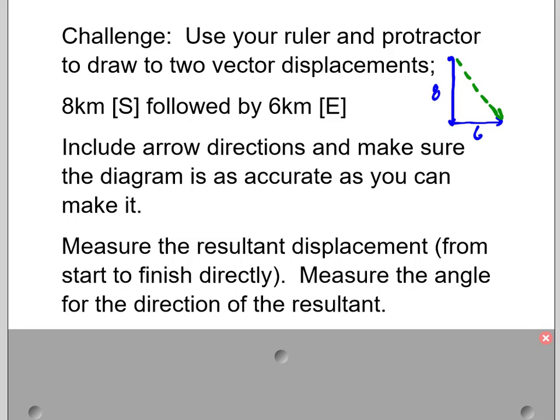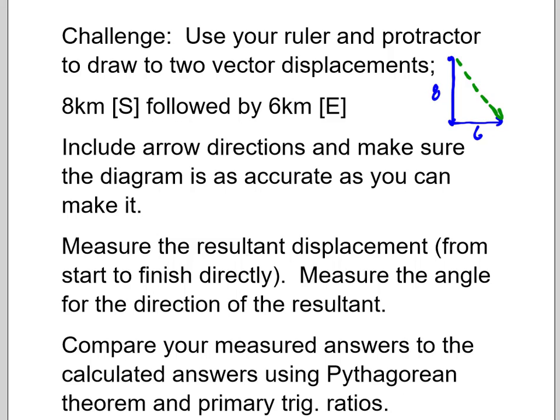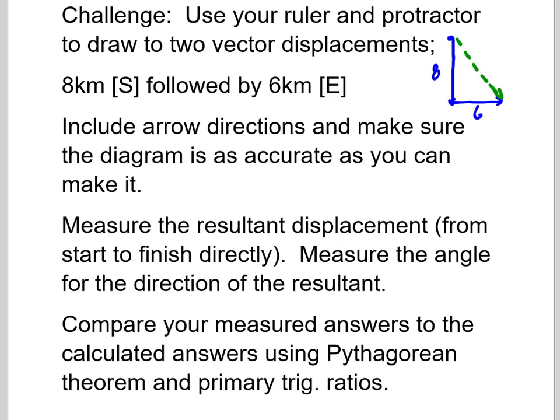Now if you've done this really well and you measure, you should find that that resultant should be 10. It should not be close, it should be a perfect 10 if you have done a really good job. If you want to use SOHCAHTOA and find the angle, you can measure that angle with your protractor, and then check it with your SOHCAHTOA.